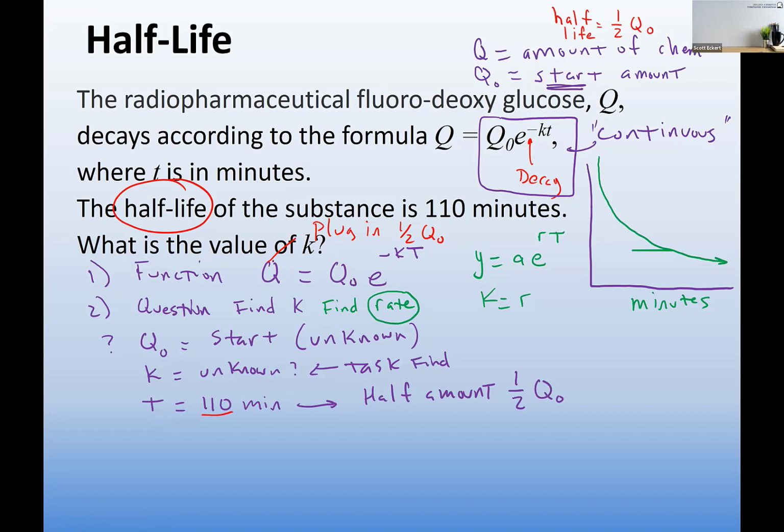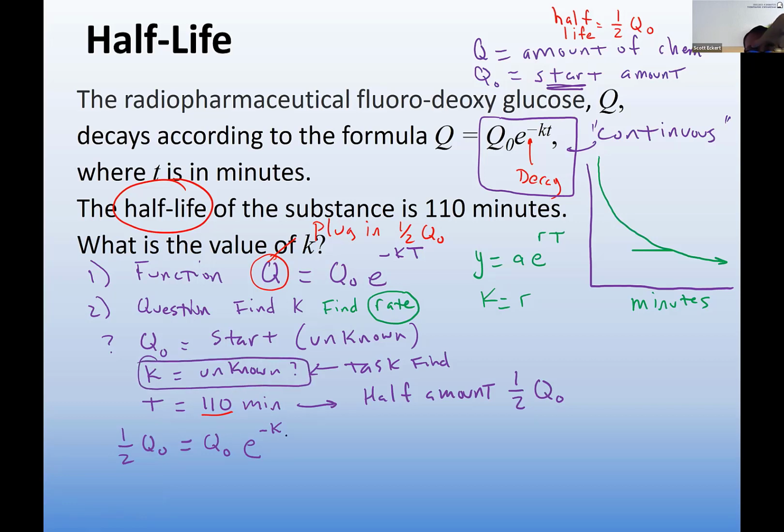So I'm going to take this Q out and plug in the formula for 1/2 the amount. Now Q naught is still the starting amount. I don't know what it is. E to the minus K. Now I don't know what K is. K is still unknown.